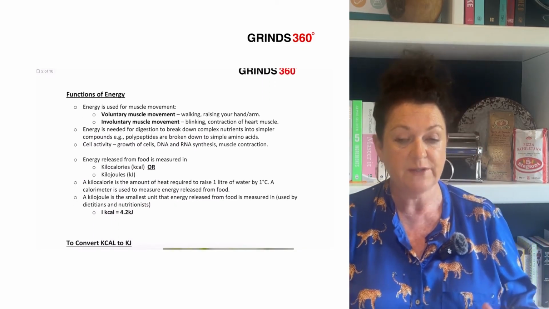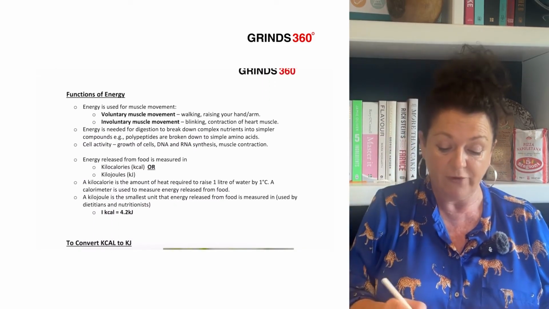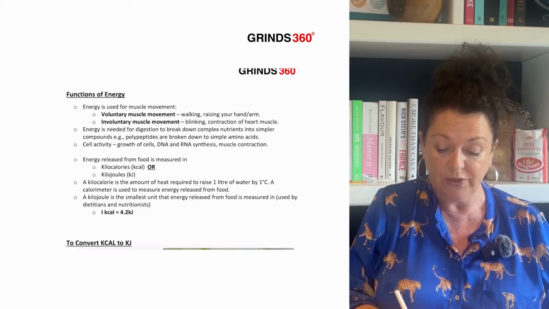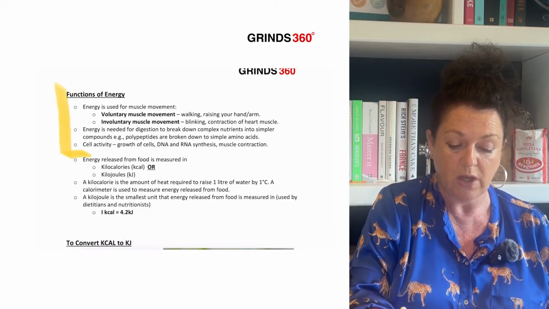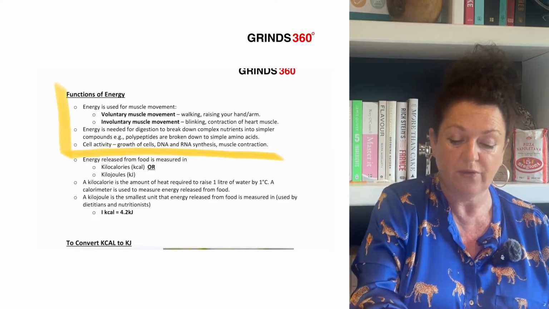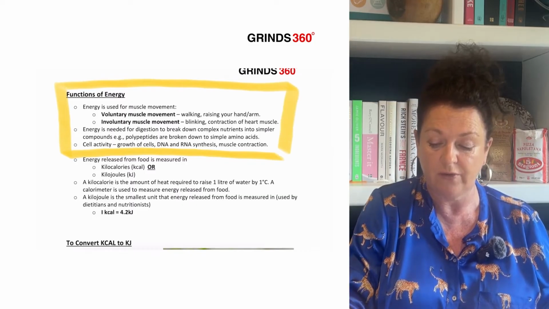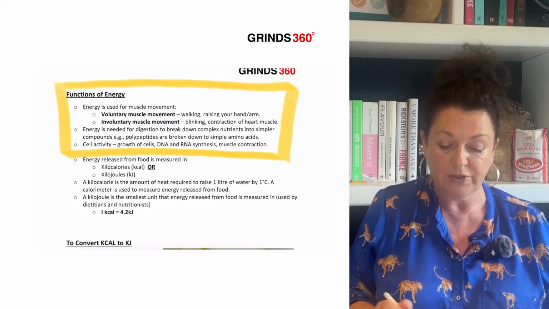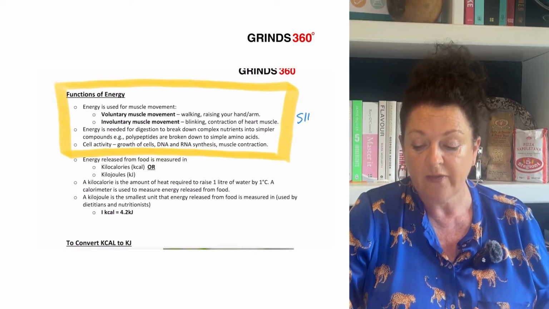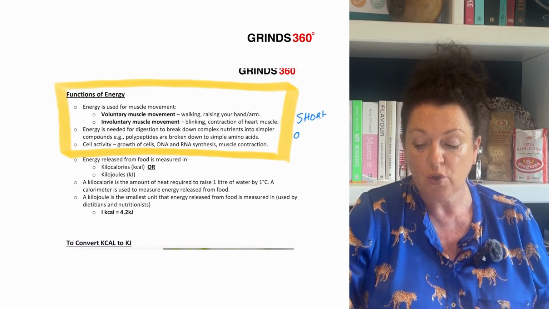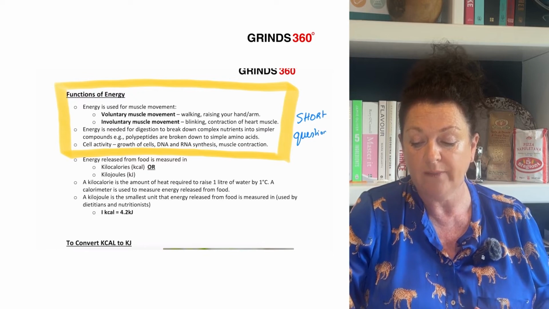Now, the functions of energy. Functions of energy we're going to note here happen to be 3. So we're just going to highlight those 3 functions here. Now, with regard to the functions of energy, I want you to write here that we're looking at short questions only.